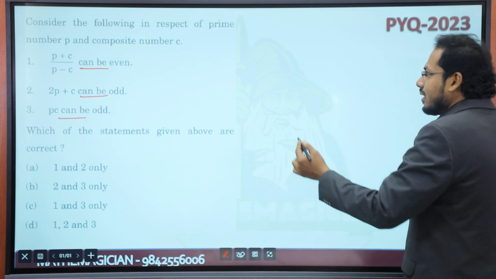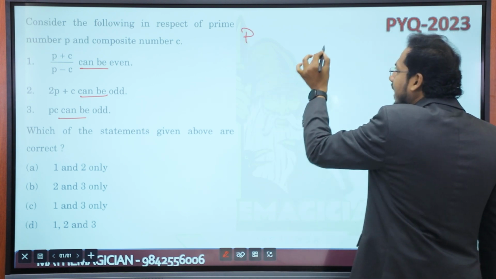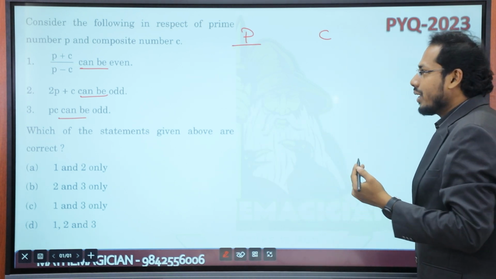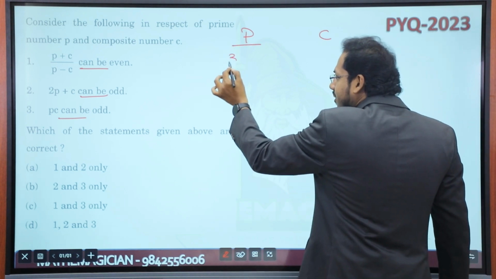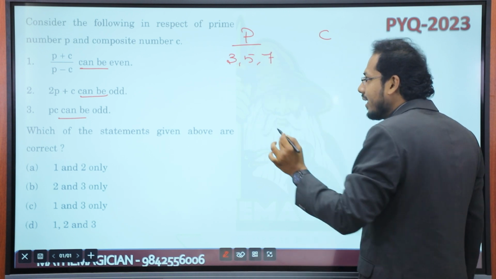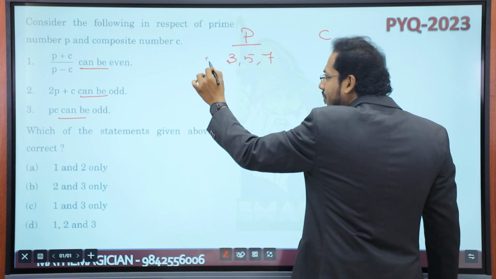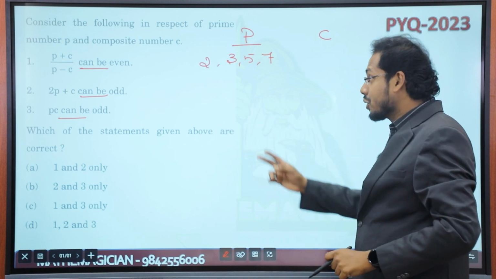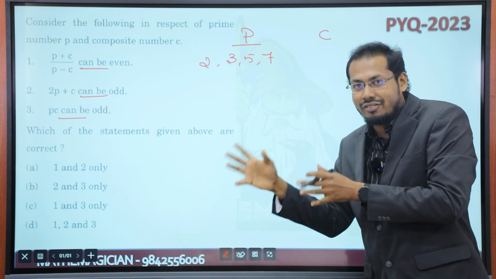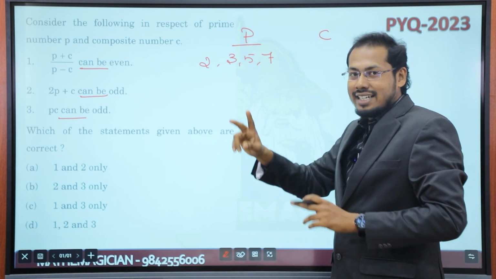Let's take some numbers. I am going to use prime numbers as well as composite numbers. Which prime numbers can we use? Prime numbers means 3, 5, 7, everything is correct, but the only even prime number is 2. So don't forget to use 2, because sometimes all the numbers give the same kind of answer, and the odd and even can change those things.